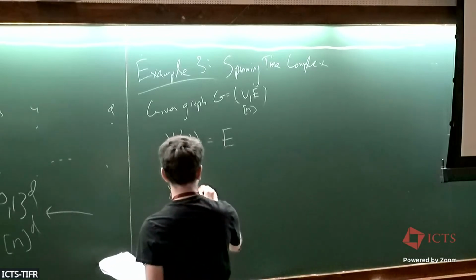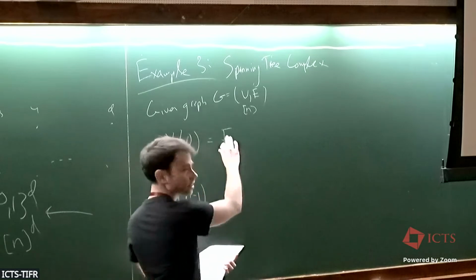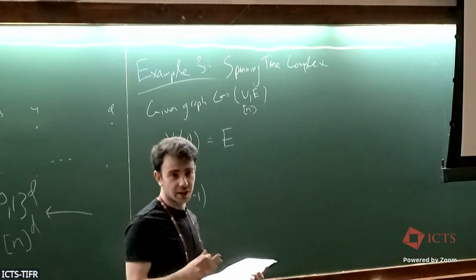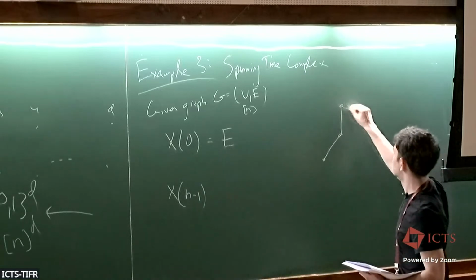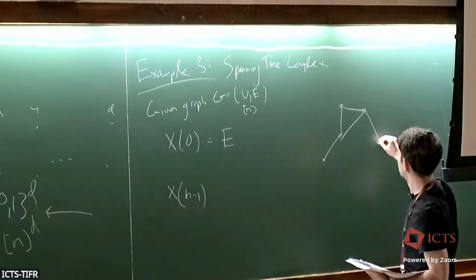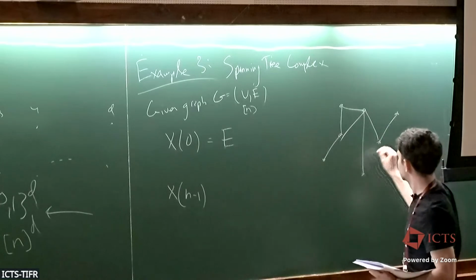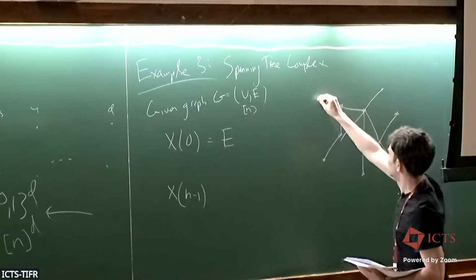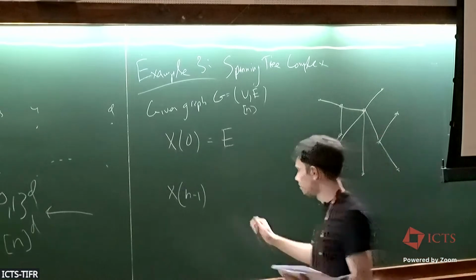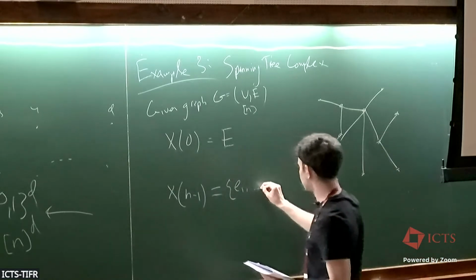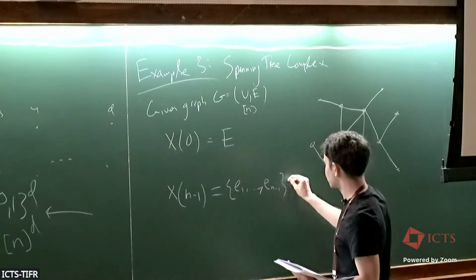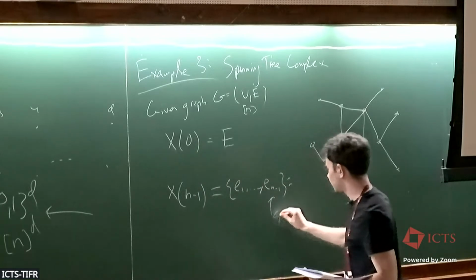The top level of faces are just going to be all collections of edges in G that form a spanning tree, right? So if I draw a graph, this is E1 through E(n-1), such that this is a spanning tree of the graph.